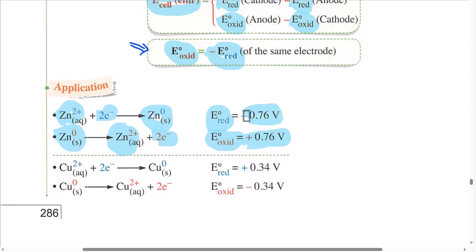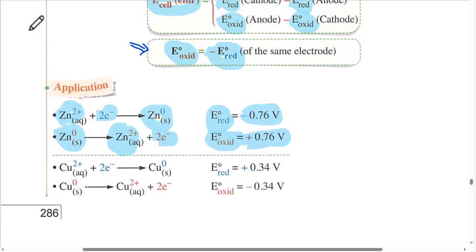So we see here the reduction potential of the zinc element is minus 0.76, and the oxidation potential of the same electrode is positive 0.76. So the oxidation potential equals minus the reduction potential of the same electrode.